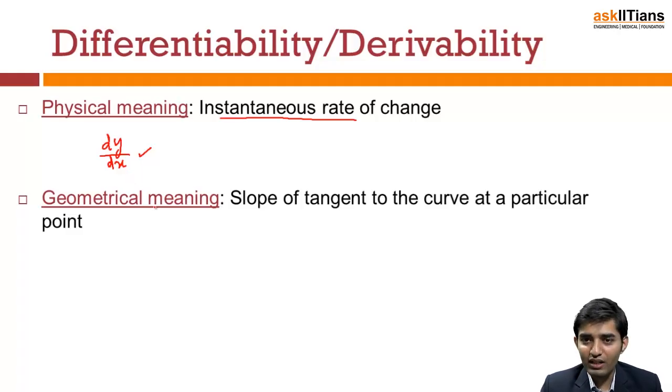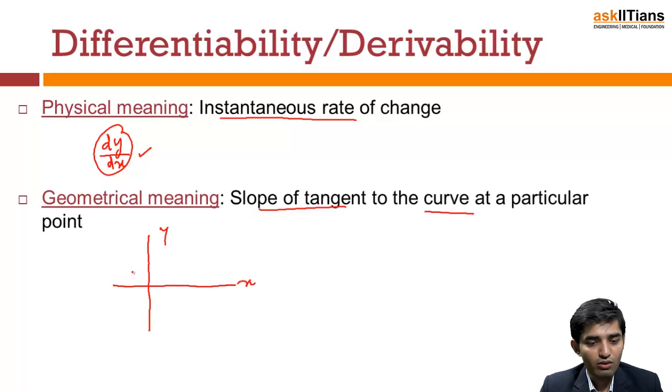Now, what is the geometrical meaning? If we see geometrically, the meaning of differentiation or the meaning of dy by dx basically is the slope of the tangent to the curve at a particular point. Suppose this is the y-axis and this is the x-axis, and I have a curve like this. Suppose this is a curve f(x), and I want to know what is dy by dx at some x naught.